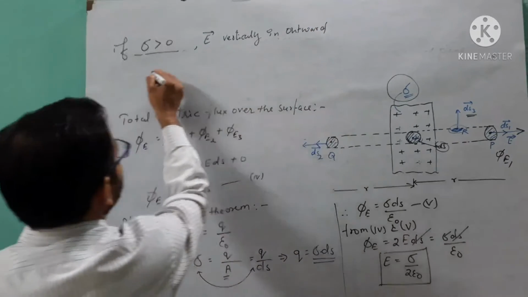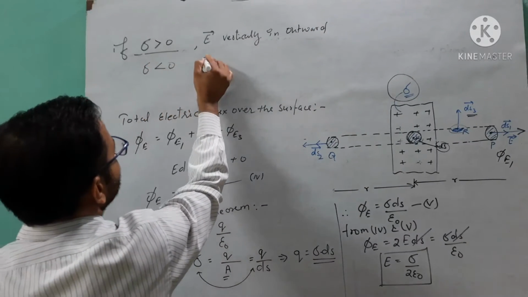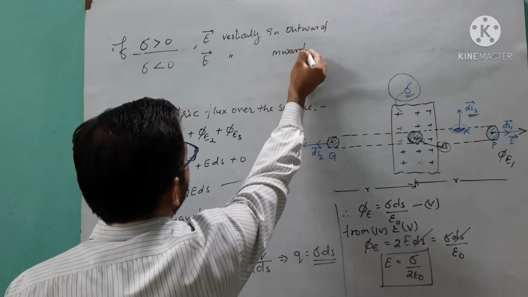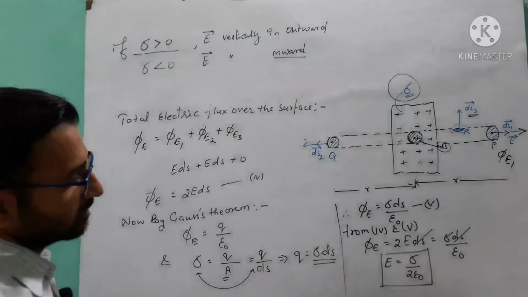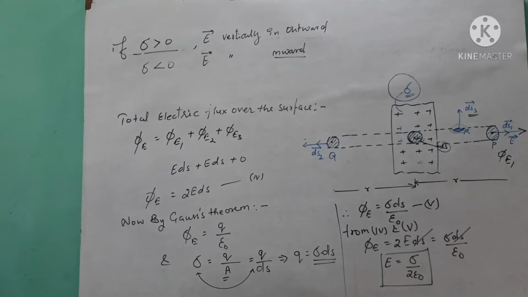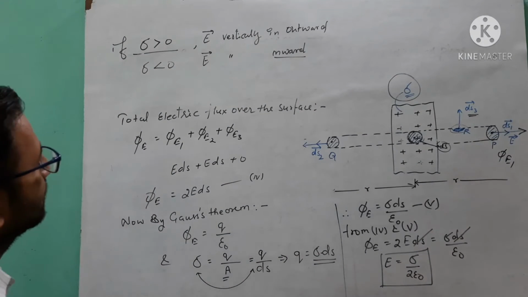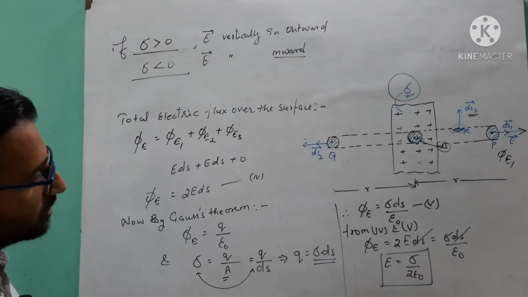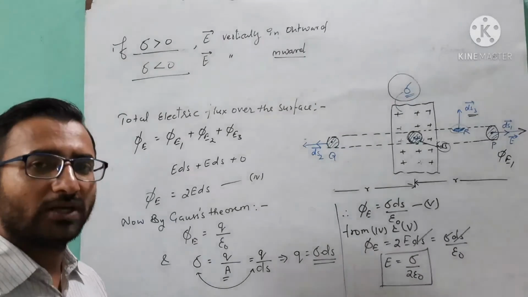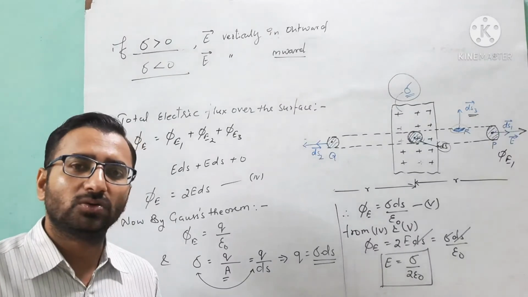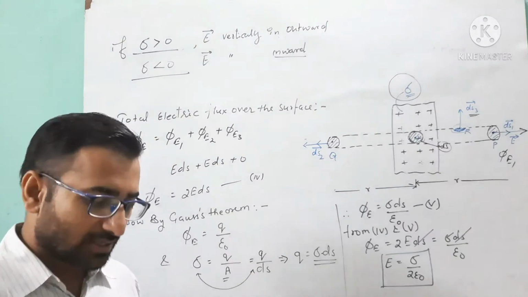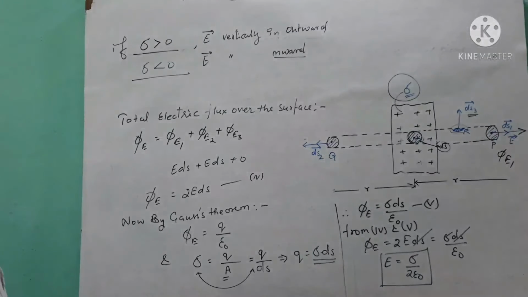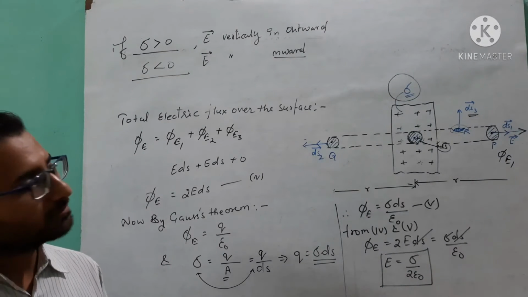And if sigma is less than 0, then the E vector is vertically inward. Got it? So this is the direction of E on the basis of the value of sigma, whether it is negative or positive. So this is the derivation in which we have calculated the electric field intensity due to an infinitely charged thin plane sheet, and on the basis of this result we will calculate the next derivation.